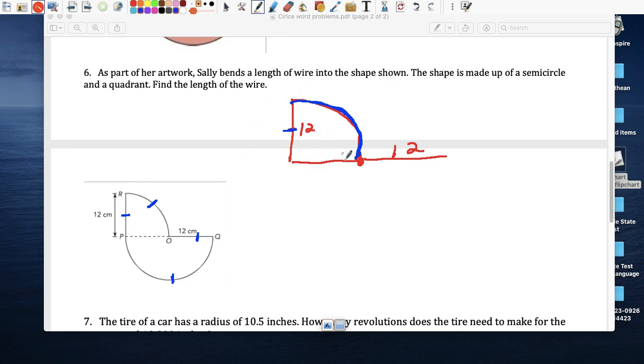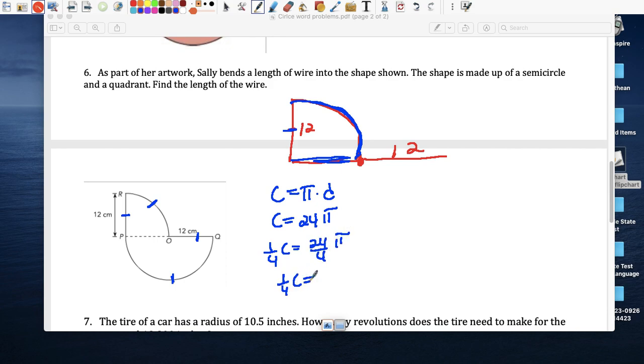For that circle, C equals pi d. This is the radius, which is 12, so the diameter would be 24. So C equals 24 pi. We need 1/4 of the circumference, so 24 over 4 pi. So 1/4 the circumference of that circle would be 6 pi. So this guy right here is 6 pi. I need this, and I already have this.